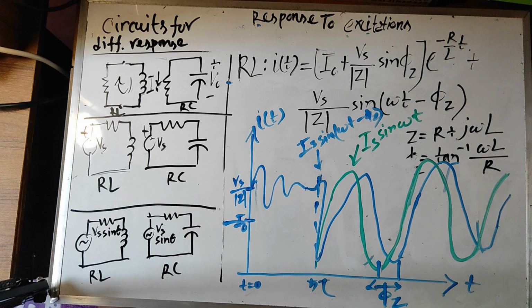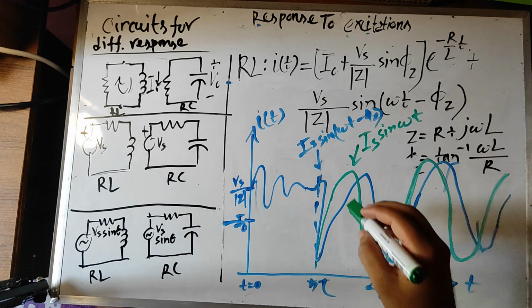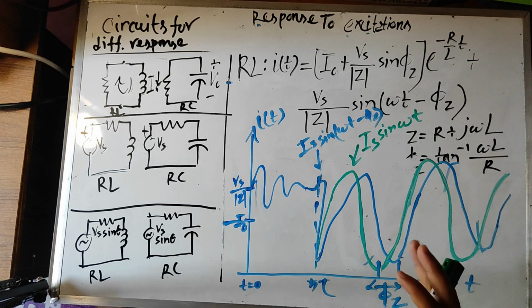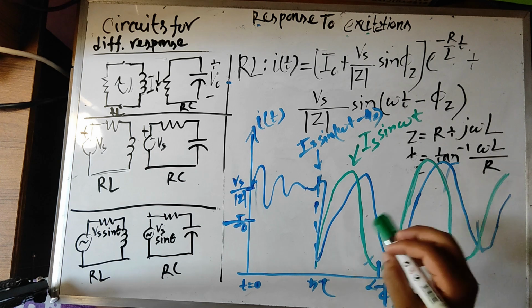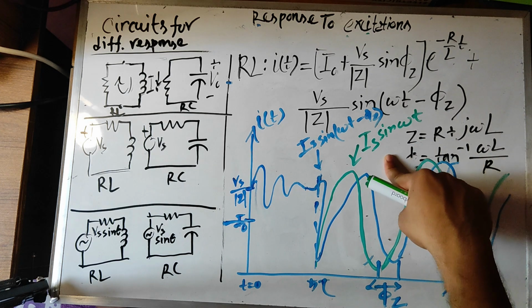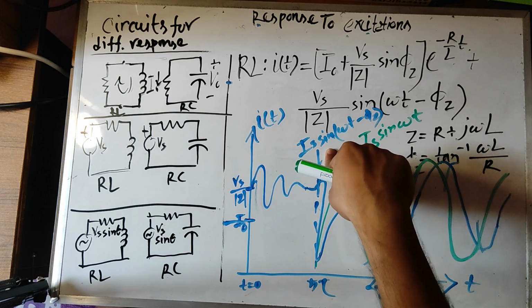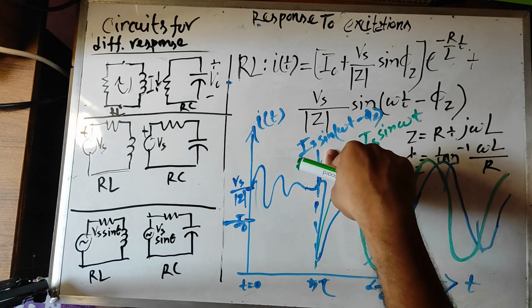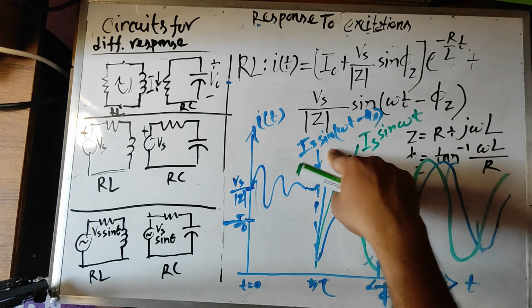So as you can see, I have made this side by side comparison of the input voltage, input current, and the response of the RL circuit, which is also current.